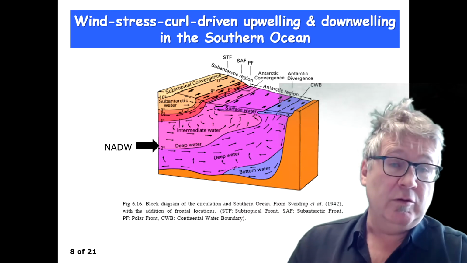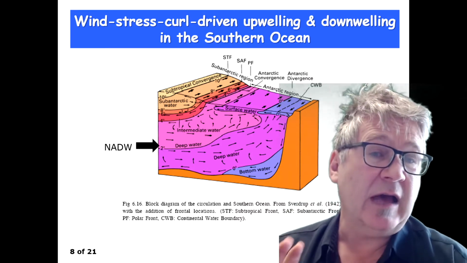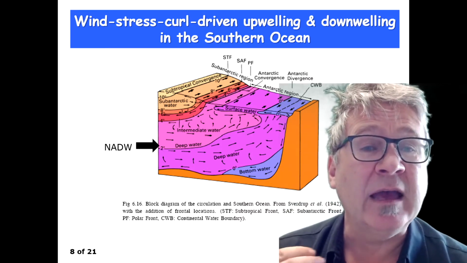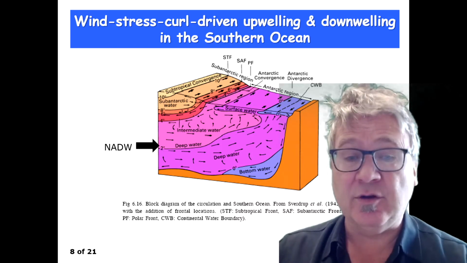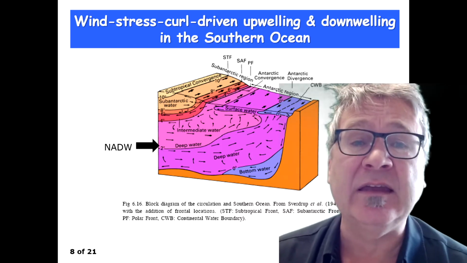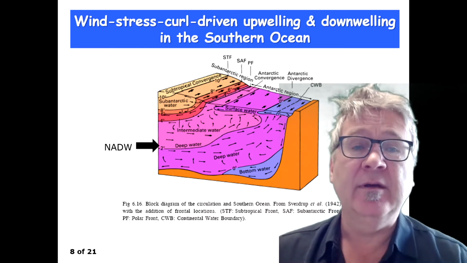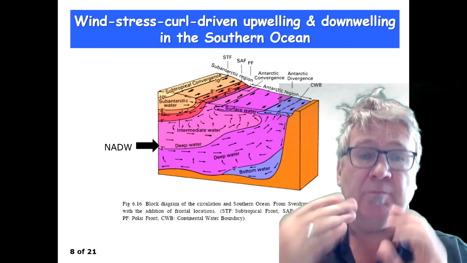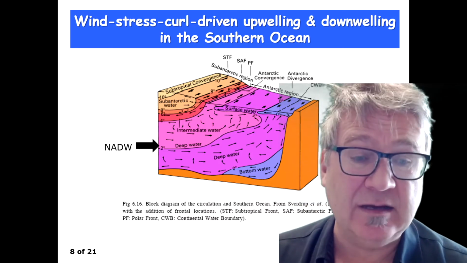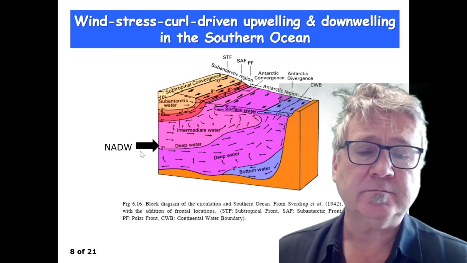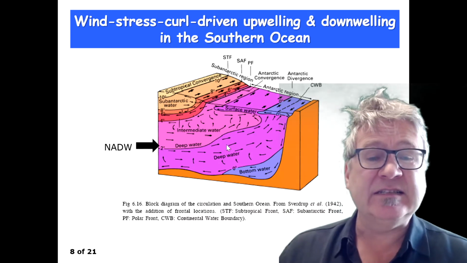There's only one problem with this upwelling, is that it has very poor iron contents, so it doesn't stimulate much plankton blooms, but a little bit it does. Anyway, okay, that's this one.